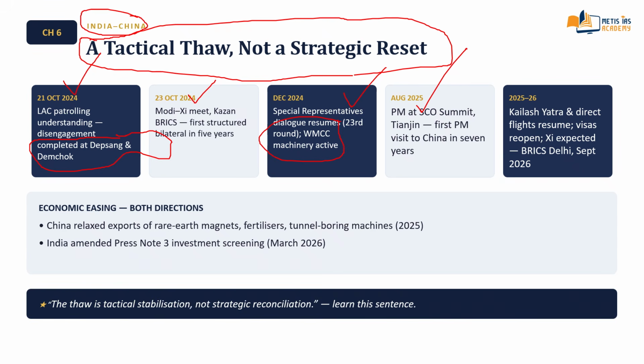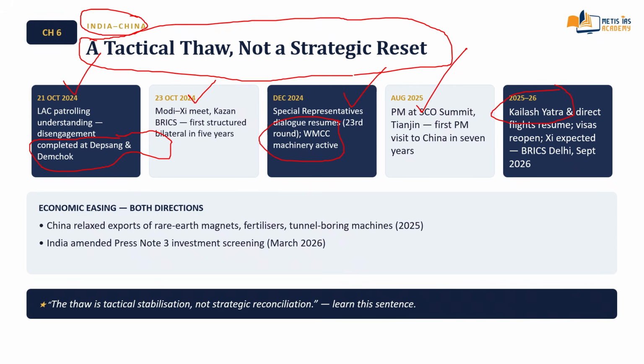The Kailash Manas Sarovar Yatra resumed in 2025 after 5 years. And is running again in 2026. Direct flights resumed from late 2025. Tourist visas reopened.